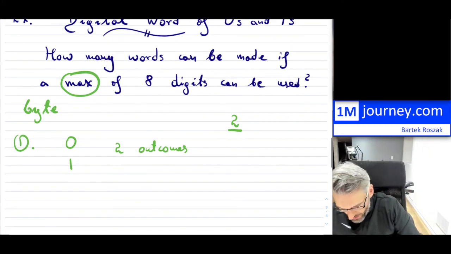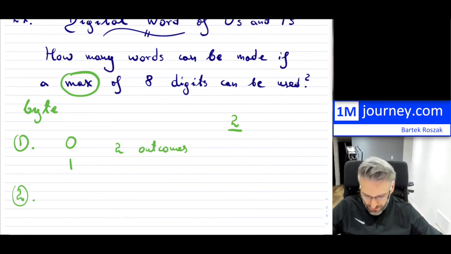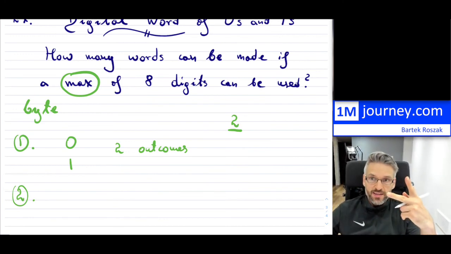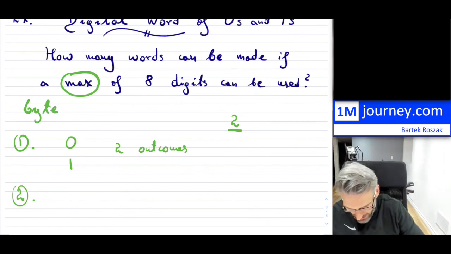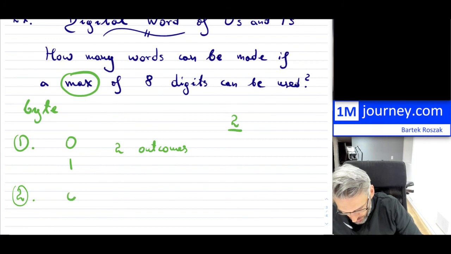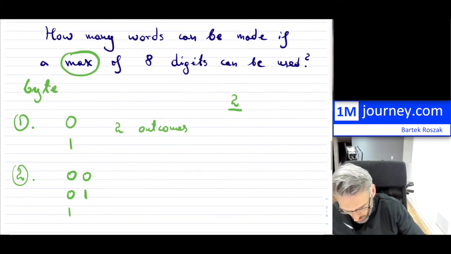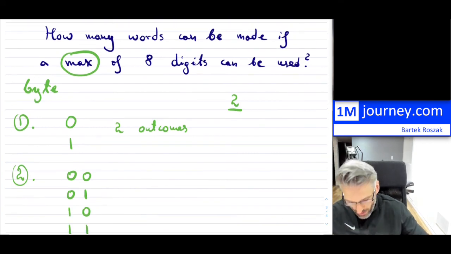Now, stage 2, if I was going to send out 2, the word would be made up of 2 digits, either 0 or a 1. So we can still do this, right? It could be a 0 and a 0. It could be a 0 and a 1. It could be a 1 and a 0, and then a 1 and a 1.